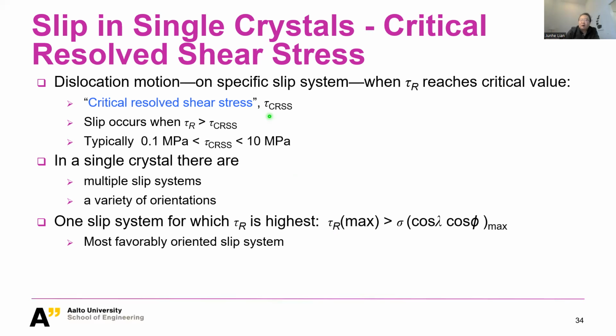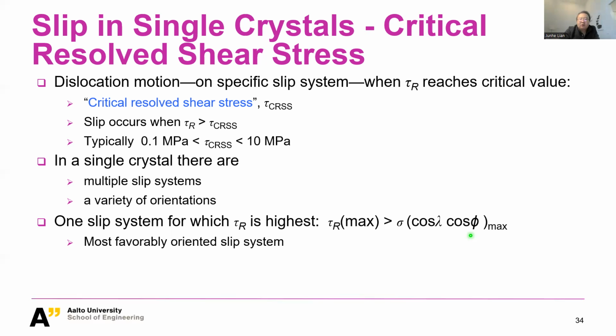All the other slip systems that have a smaller Schmidt factor will for sure have less τ than that produced by the slip system with the maximum Schmidt factor. I think everybody gets this.